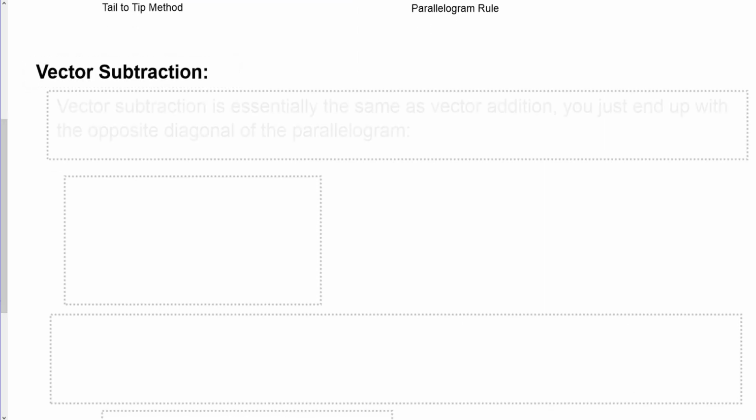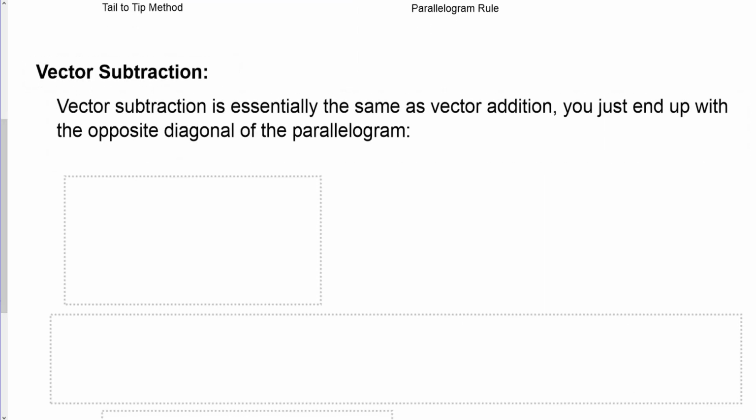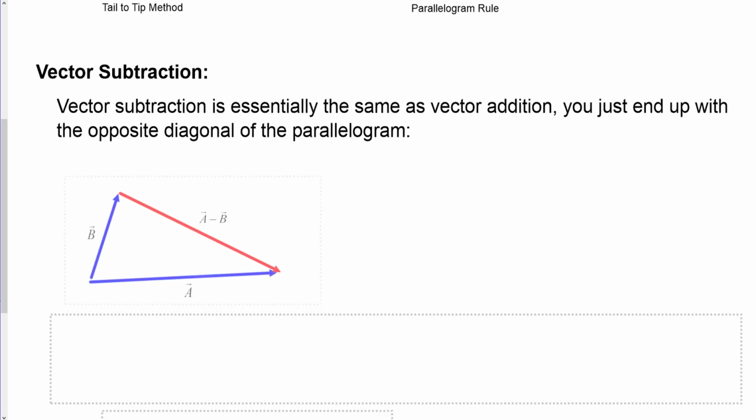In terms of vector subtraction, it's essentially the same as vector addition. You just end up with the opposite diagonal of the parallelogram.